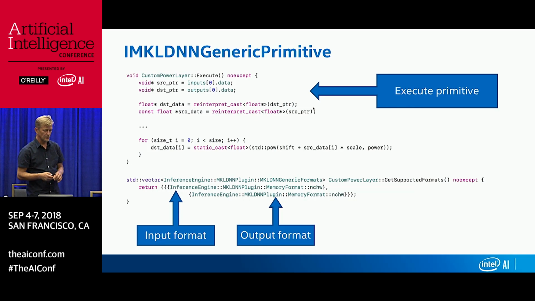And for each generic primitive, the most complicated part will be implementing the execute function. In this function, you need to do what the operation is supposed to do. In this case, we have a power operation, plus it should provide information about its expected input and output formats. So that's it.